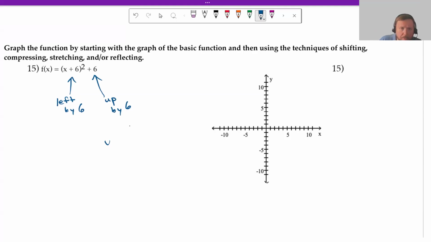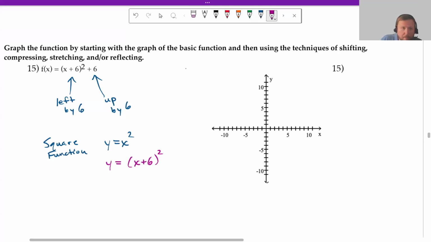So our parent function is y equals x squared, right? So that's the square function. And then we're going to do, so this is the shift left by 6.